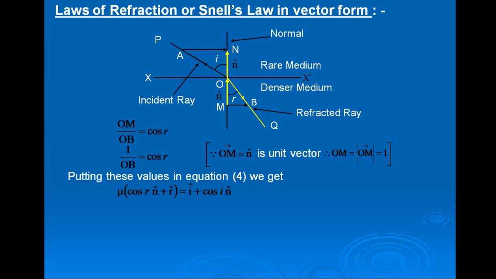is equal to i cap plus cos i into n cap. Open the bracket on the left hand side: mu into cos r into n cap plus mu into r cap is equal to i cap plus cos i into n cap.